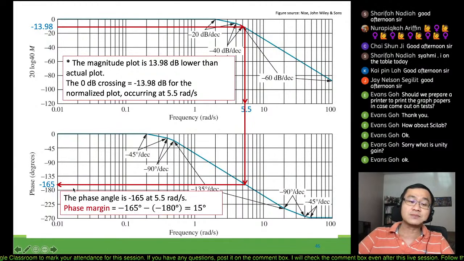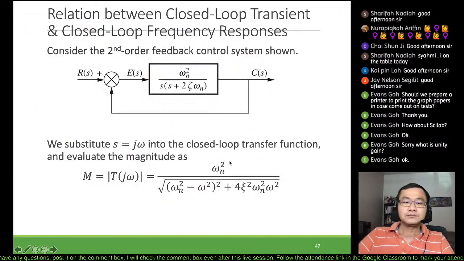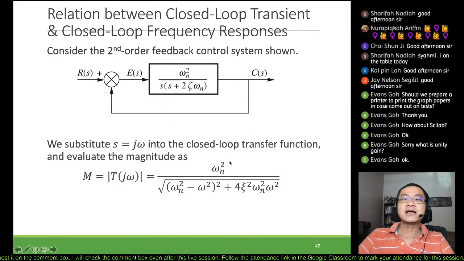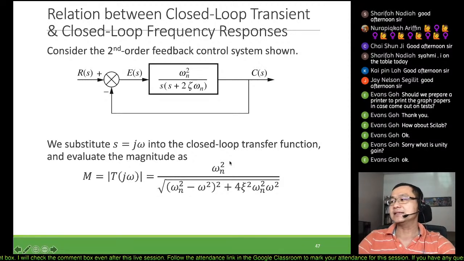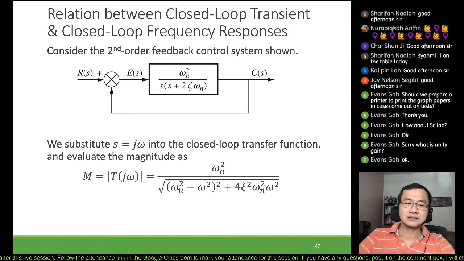Therefore the phase margin would be the difference between these two, which is 15 degrees. So that is how you get the phase margin as well as the gain margin.